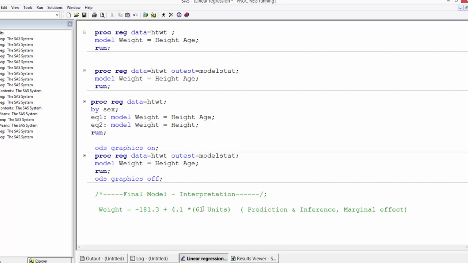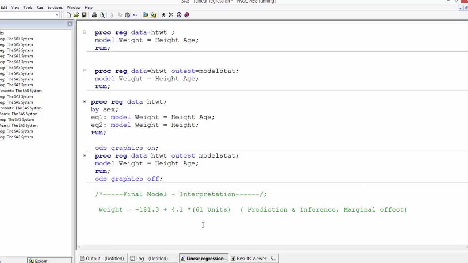The impact is that when we get the difference of the weight, you'll find the difference is nothing but 4.1. That is the marginal impact, or the marginal effect. If I take an example, we can explain it better.